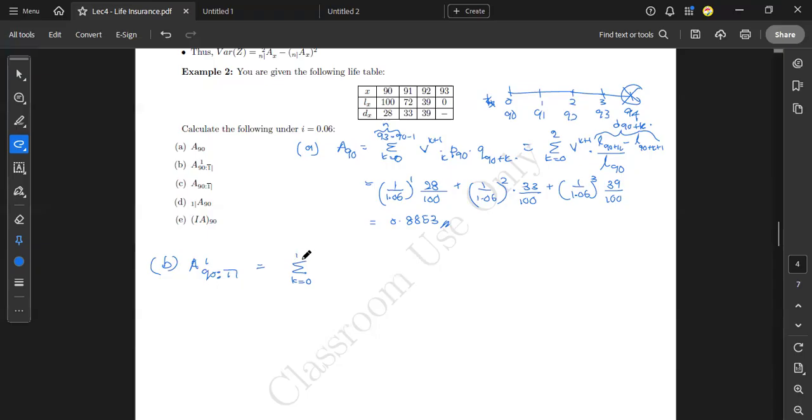For term life with n equal 1, k goes from 0 to n minus 1, so there's only one term where k equals 0.